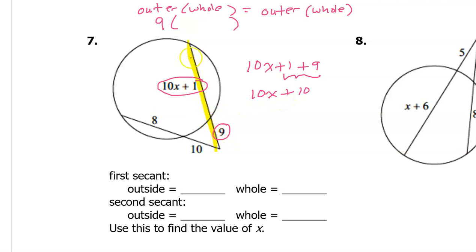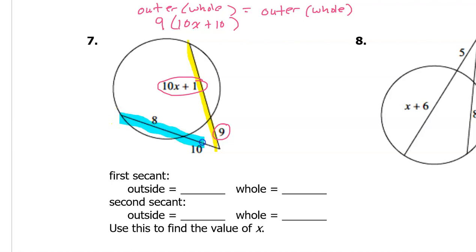So that's what I get when I add these two things together. So you don't need to show this extra step off to the side. Just do this part in your head. And understand that if you add 10x plus 1 plus 9, the 1 and the 9 will make 10. So you will end up with 10x plus 10. So that's that secant line.